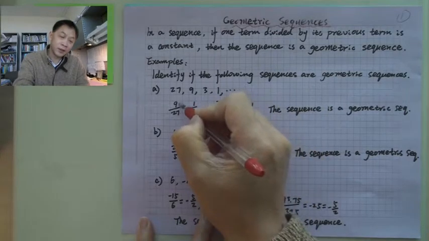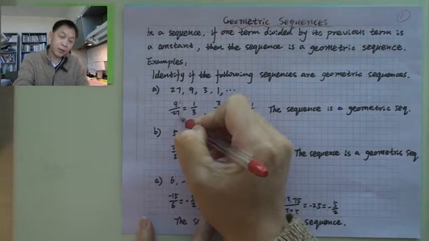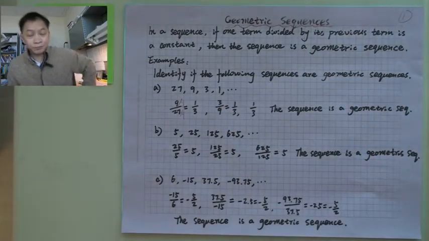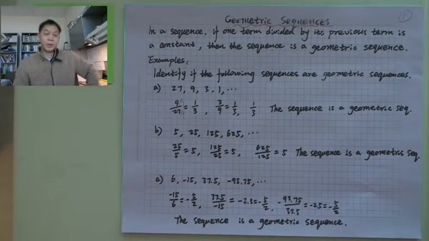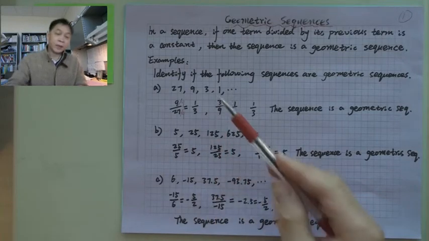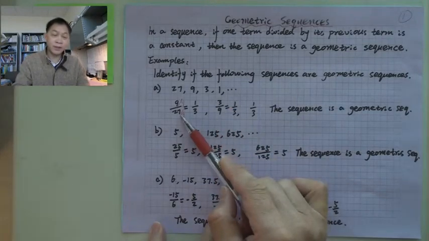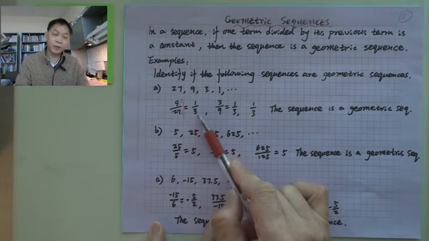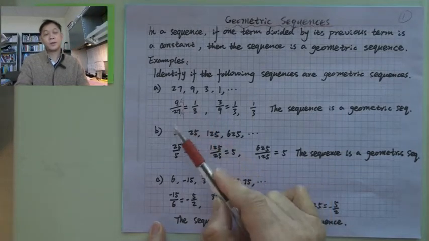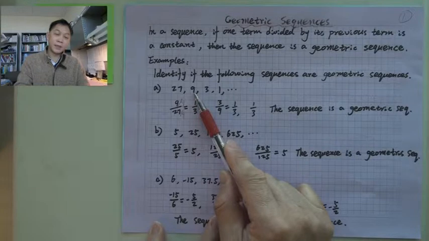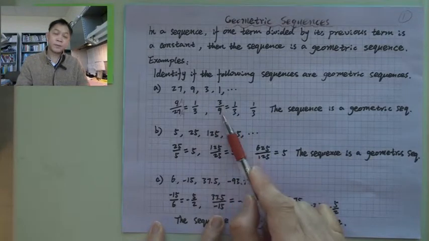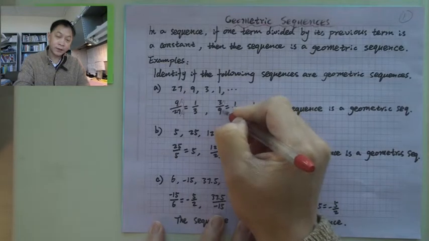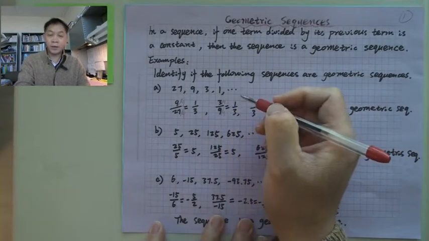You can see both numerator and denominator are divided by 9. We then have 9 divided by 9 is 1, and 27 divided by 9 is 3. So it's 1/3. The ratio is 1/3. 3 divided by 9, you see both numerator and denominator divided by 3.